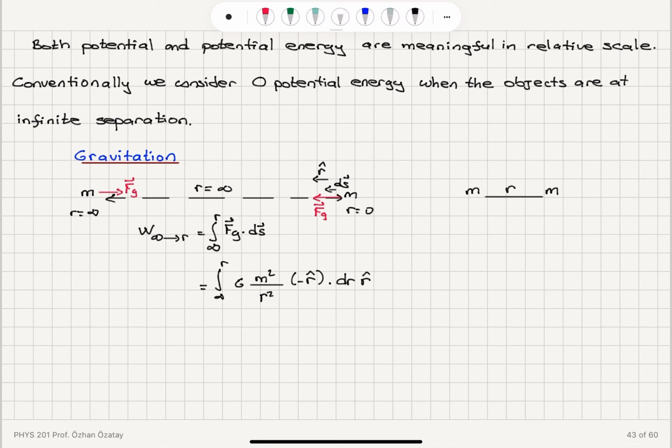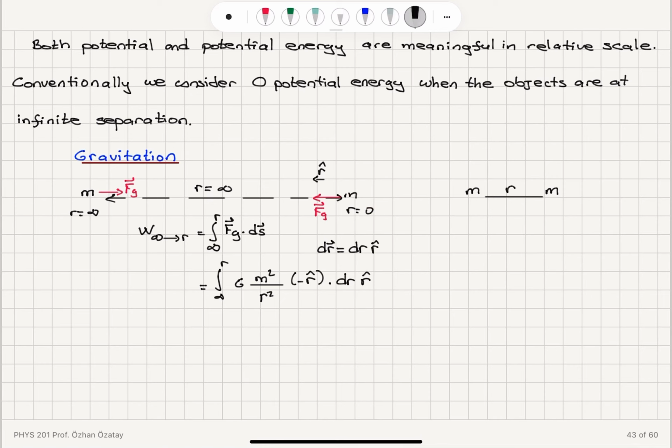Because here the dr value will be negative, since I'm going from infinity to r. The dr vector is dr times r hat, and dr will have a negative value when I approach this mass.